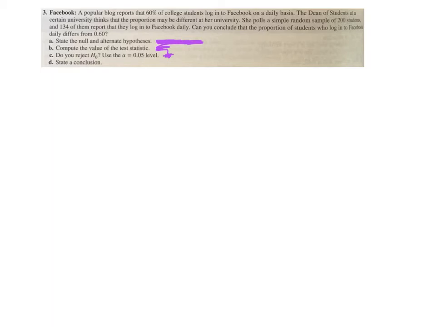All right. So first off, our null and alternative hypotheses. Since we are looking for a proportion, the percent, our null hypothesis is that the population proportion for this school is going to be 0.6.